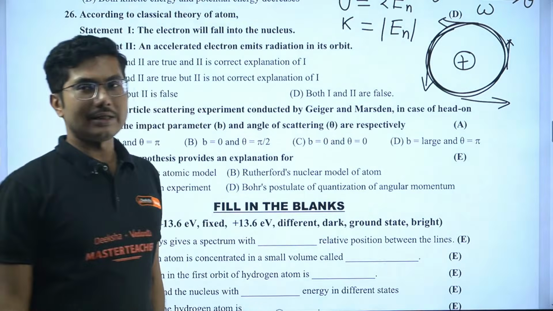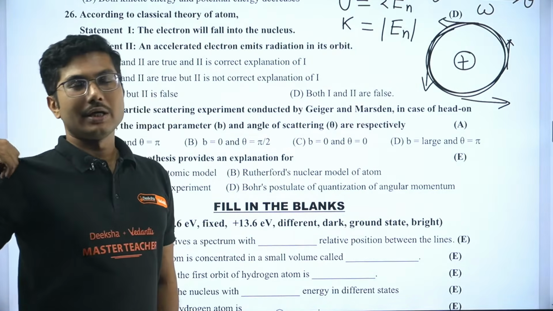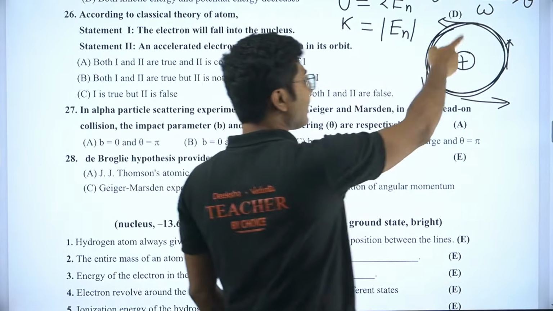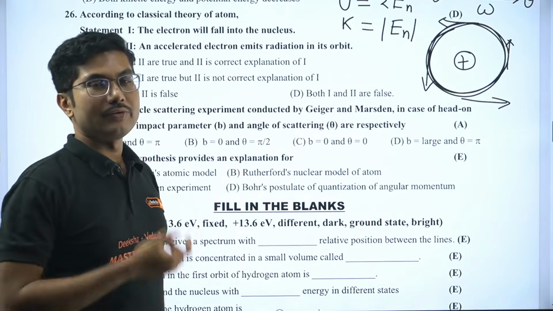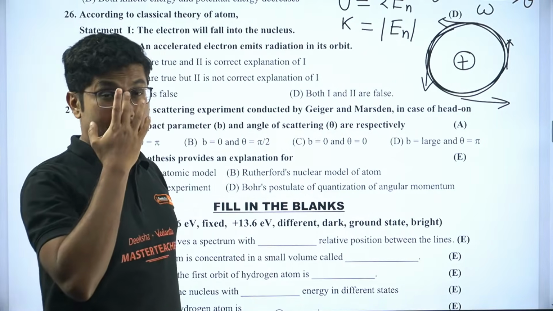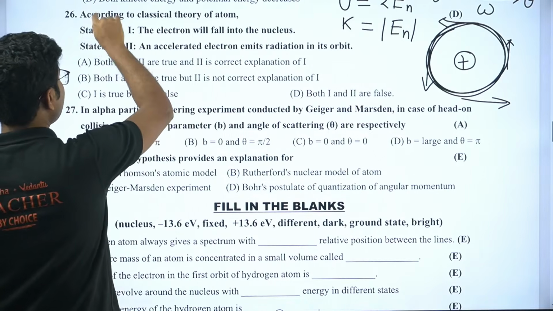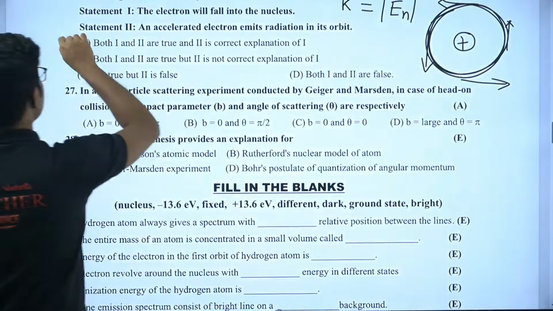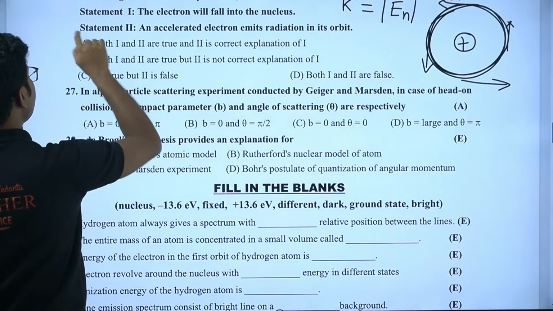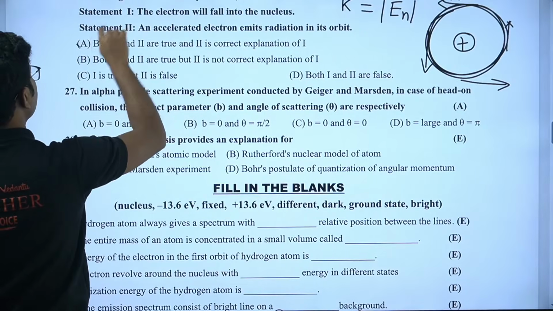So it basically says that because the electron is orbiting in a circular path, it will slowly start losing its energy and fall into the nucleus. So statement 1 is true, statement 2 is also true. Both statements are true, so the correct answer is option A.